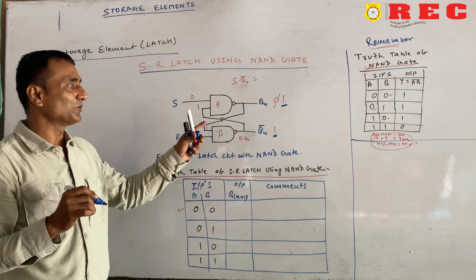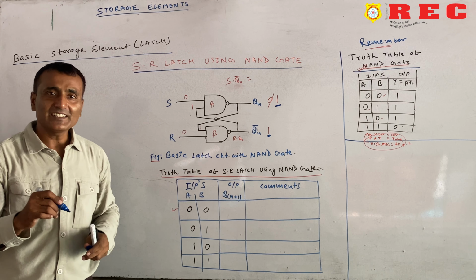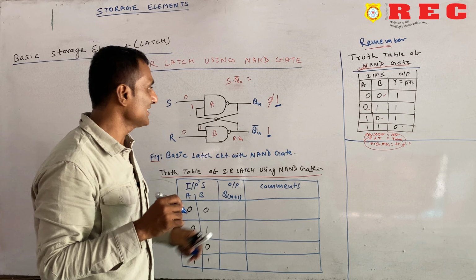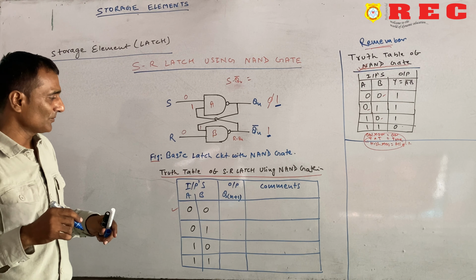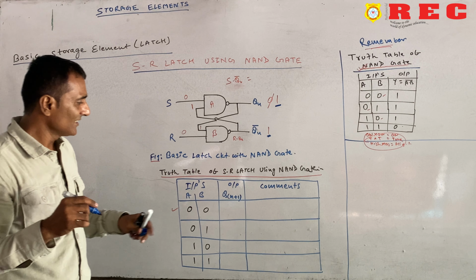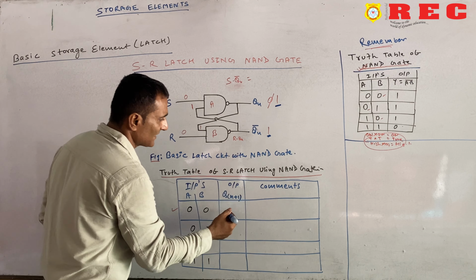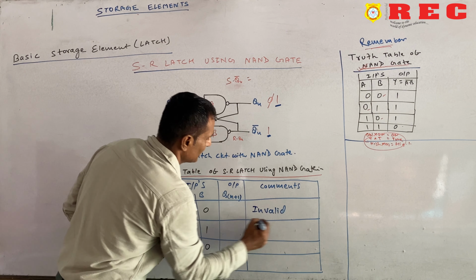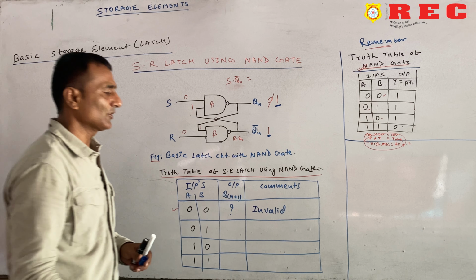If Q is equal to 1, then Q complement will never be 1. It will be just the opposite. This condition also came in the NOR latch. So this type of condition you can say is invalid, or not allowed.